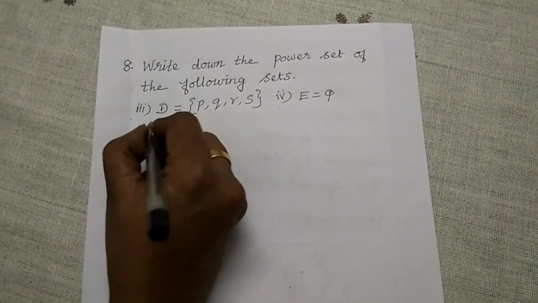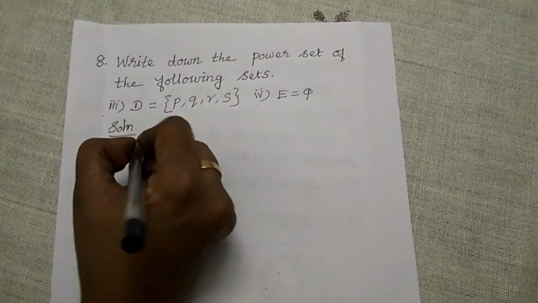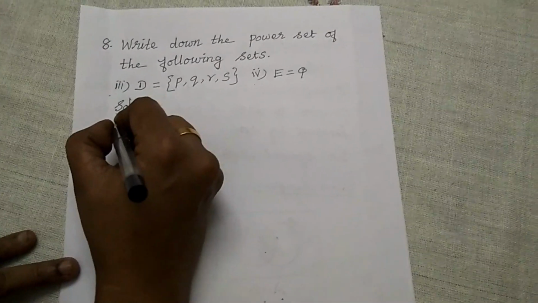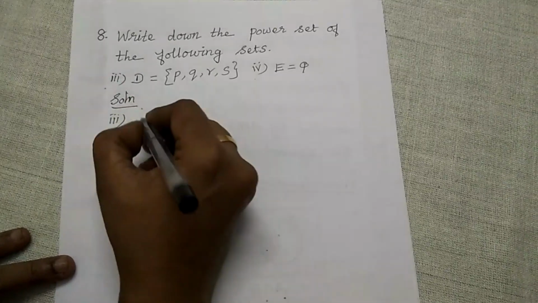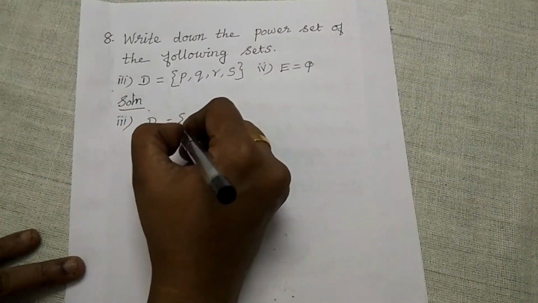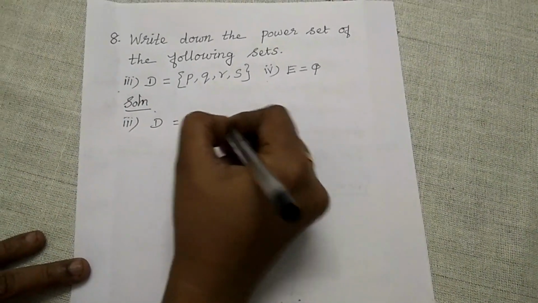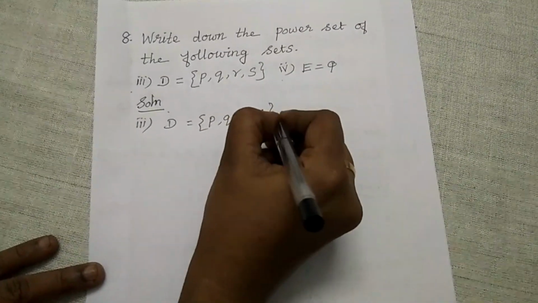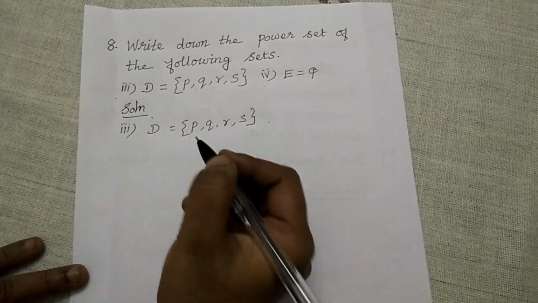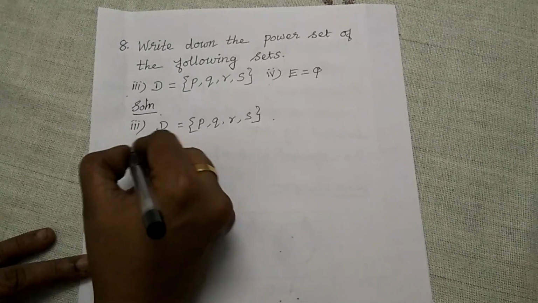Solution, D is equal to given set P, Q, R, S. Then what's the subset?